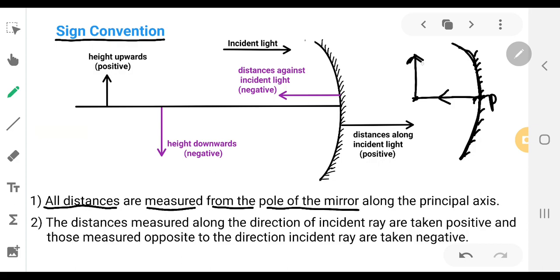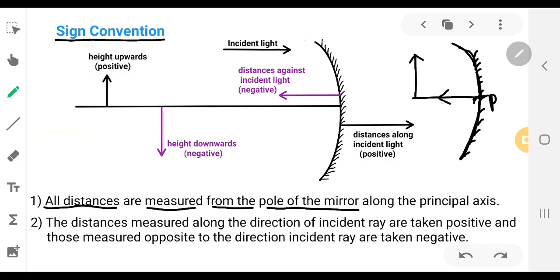Suppose this object is about 5 centimeter in front of the mirror. We have taken the measurement from the pole towards the object along the principal axis. Now, whether this measurement has to be taken positive or negative, because we have two types of mirrors, concave and convex, and in both the mirrors the direction of the center of curvature and focal length are opposite.